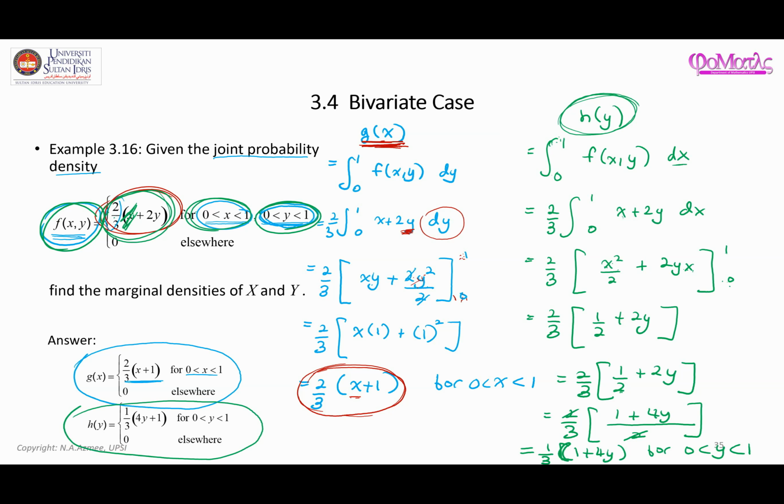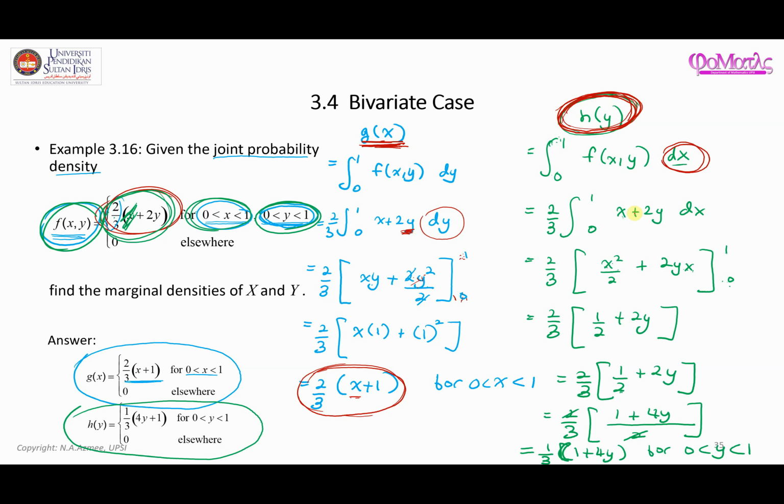So I hope that now it makes sense to you why, when we are looking to find the marginal distribution for y, we have to integrate with respect to x. Okay, because what it means really is that when you have this function here, it means this function only has y, or only depends on y.